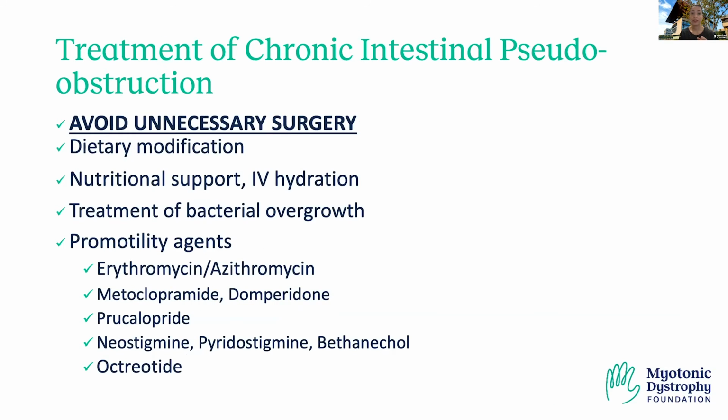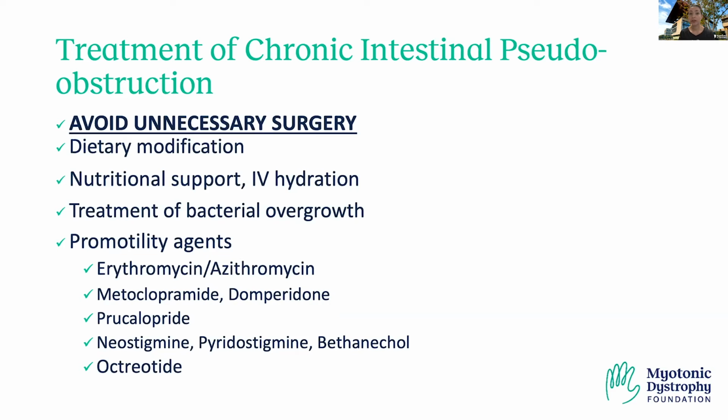So when we treat our patients, we want to make sure that we don't send them for surgery. We don't mistake this for a true mechanical obstruction, because surgery is not going to be helpful. The main treatment is nutritional support to prevent malnutrition and use of antibiotics to address the abnormal bacteria that can be growing in the gut in these situations.